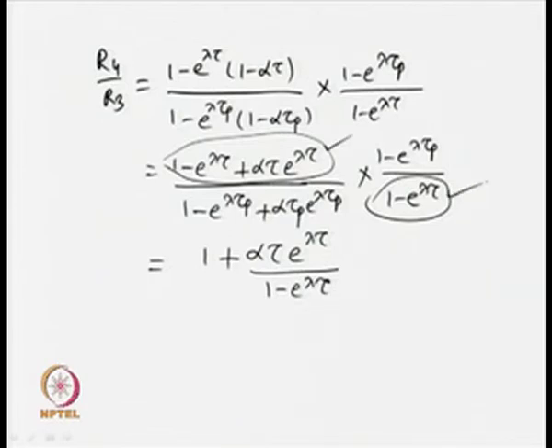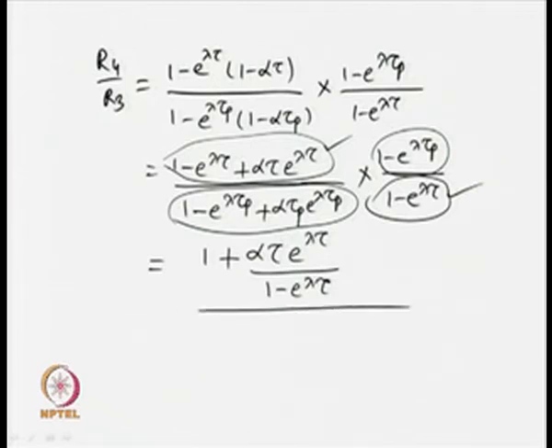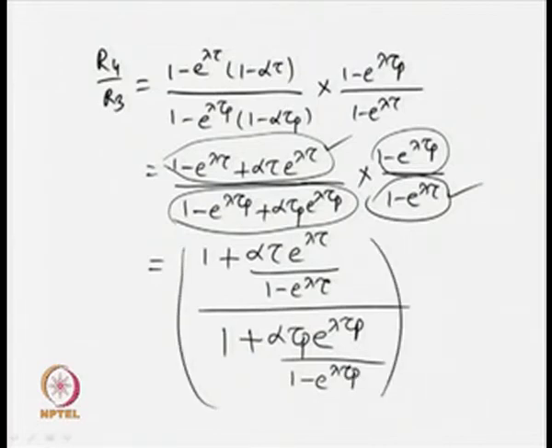Similarly, dividing this term by this, I have to bring this to the down. So, that will enable me to write this as 1 plus alpha tau p e to the power lambda tau p upon 1 minus e to the power lambda tau p. So, I believe you have followed how I have got this expression.